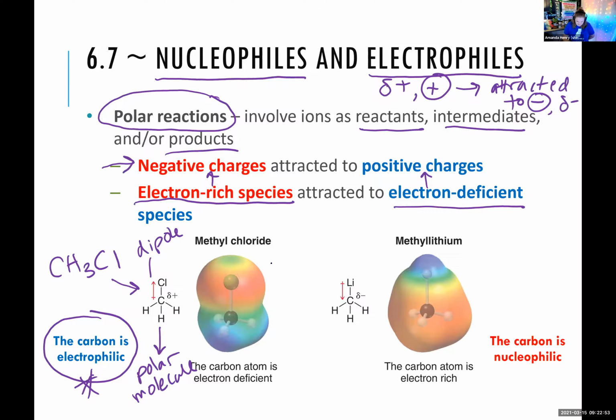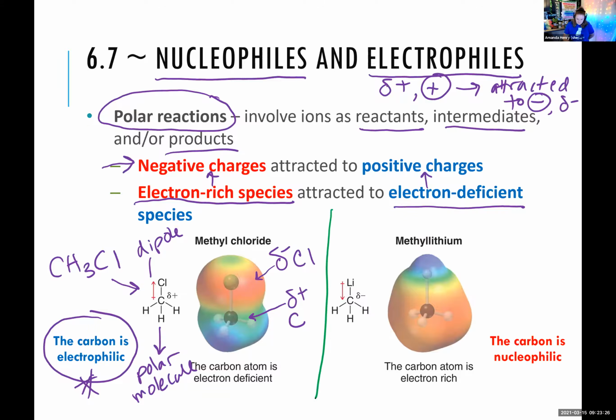The red is the negative chlorine, so let me put that as a partial. There we go, partial negative chlorine. And then the greenish area is that partial positive carbon. So this is telling us that when our carbon is bonded to chlorine, it's going to be an electrophile because that chlorine is electronegative and pulling those electrons away from the carbon.